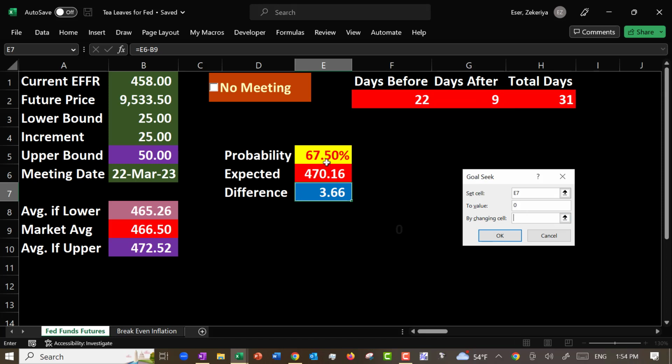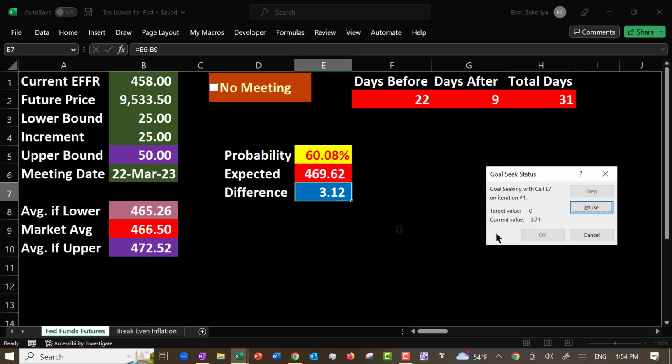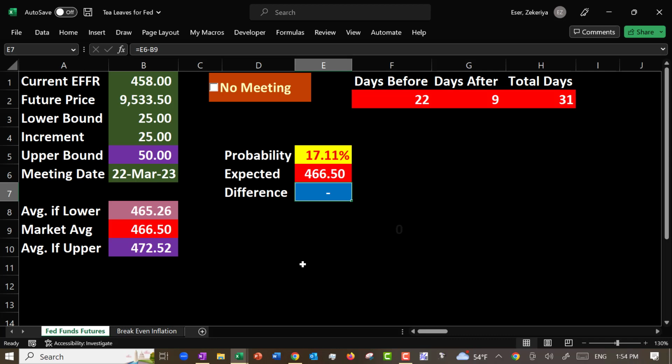Okay. So we now know what the market thinks. You can think of this as roughly, it's not an exact number. About 17% of the market is betting on a 50 basis points increase. 83% of the market is betting on a 25 basis points increase.